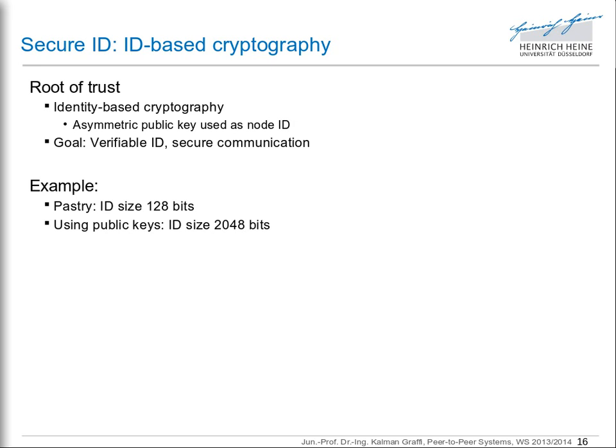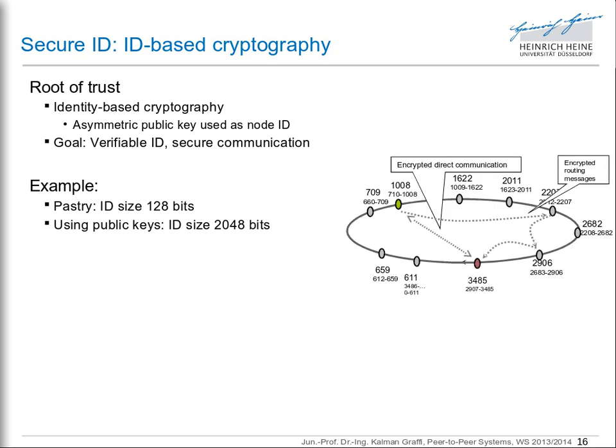This approach is also used by web peer-to-peer, which I introduced in the last but one lecture, so I go through this very quickly. We use the asymmetric public key as our node ID, and the goal is that we can verify our ID and establish secure communication.